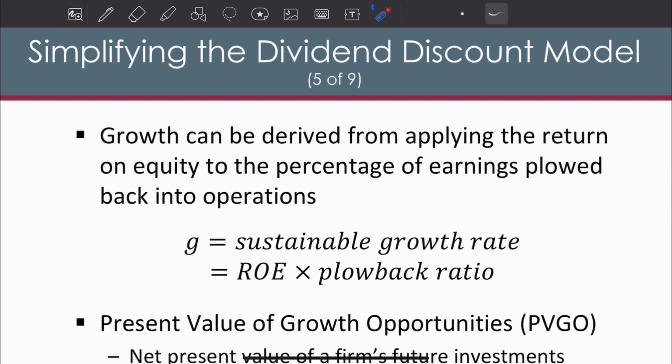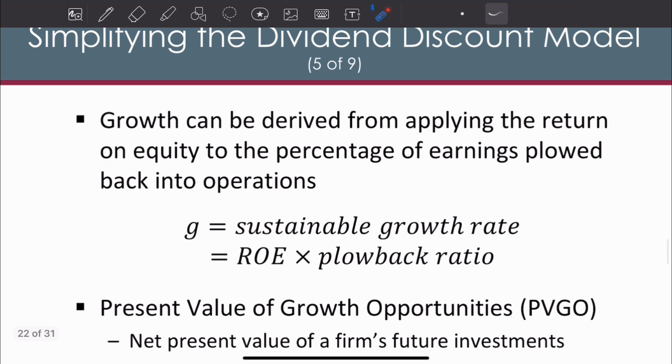Growth can be derived from applying the return on equity to the percentage of earnings plowed back into operations. Remember the constant growth model that we covered. It had G as one of its components.